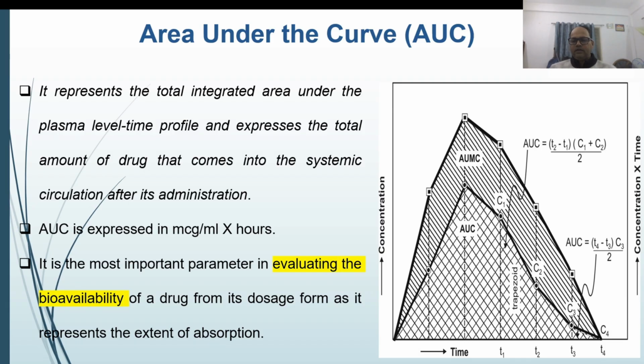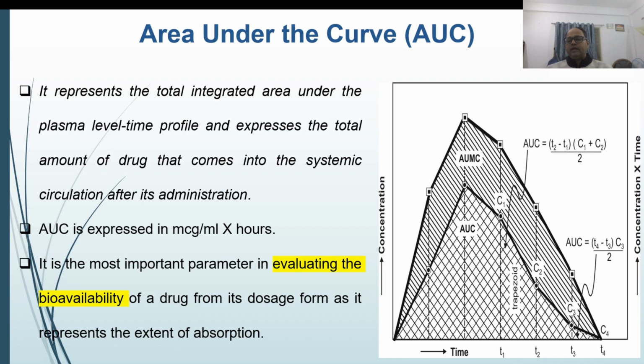The height will be represented from the time axis, and the two parallel sides will be taken from the concentration level, that is C1, C2, like that. So we have to extrapolate to the concentration axis of the graph to find out the concentration, and find out the height, because you have to calculate the area of individual trapezoids.